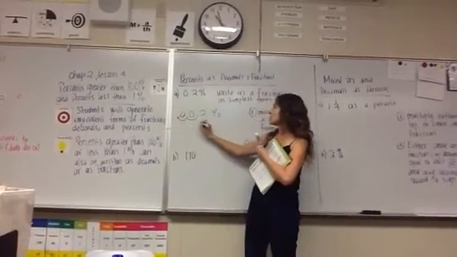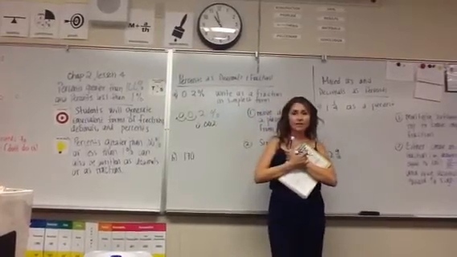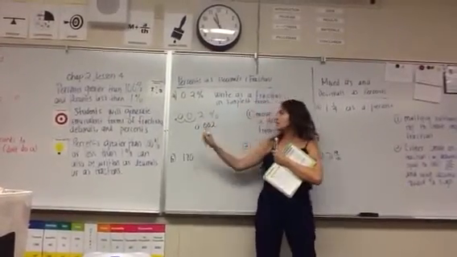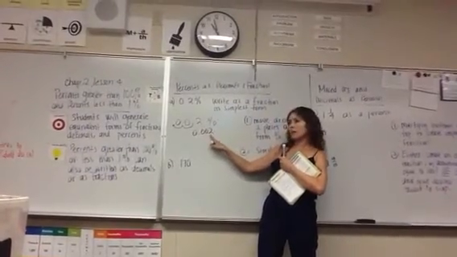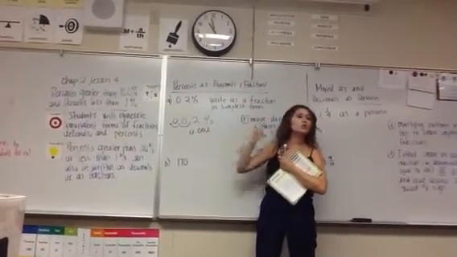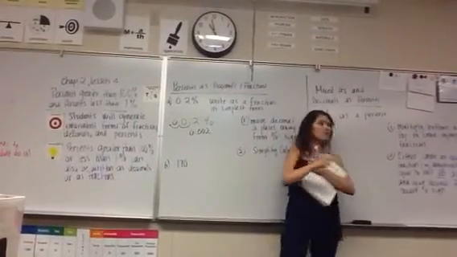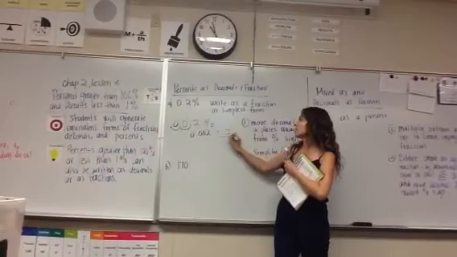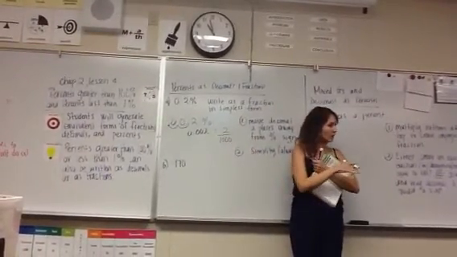So it should look like this. When I read this, this is the 10th spot, 100th spot, 1000th spot. So when I read this, it should be 2 thousandths. And the thousandths is what my denominator will be. Following? Good so far?